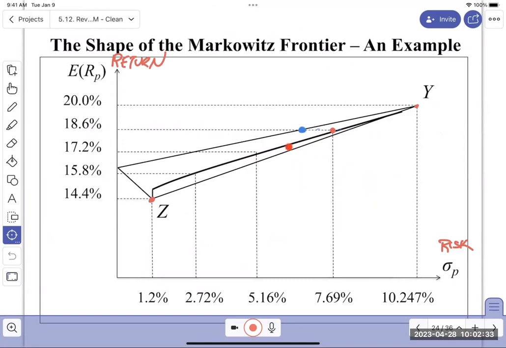So the red one corresponds to the correlation being equal to 0. So there's no correlation between the assets. The blue one is where the correlation is -1, and you see this happening. What's happening here? How can you describe this?